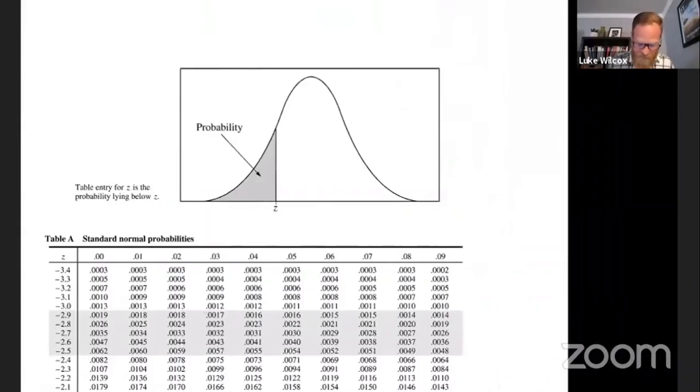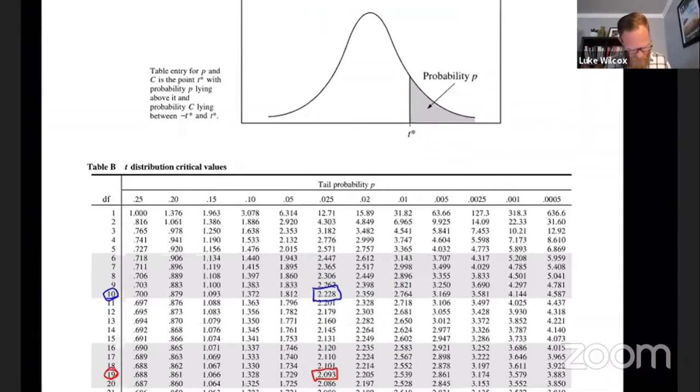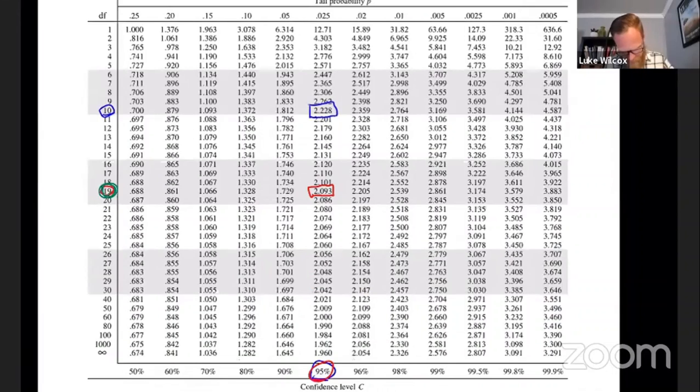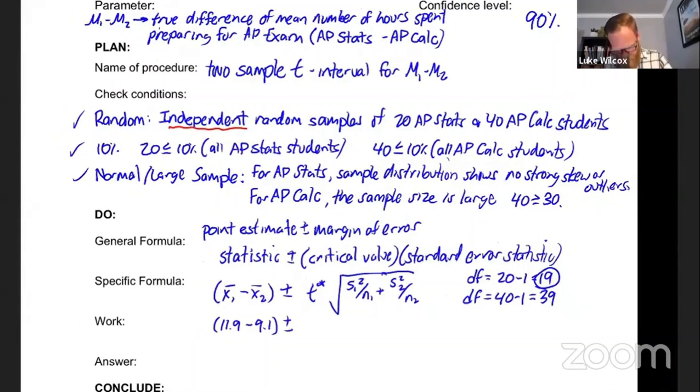So I'm going to go back to my table B, and now I have degrees of freedom 19. Okay, so we're back at 19, but now I need 90% confidence interval. So I'm seeing a 1.729 as my critical value. So let me go back and we can fill in our t star 1.729 and plug in some numbers here.